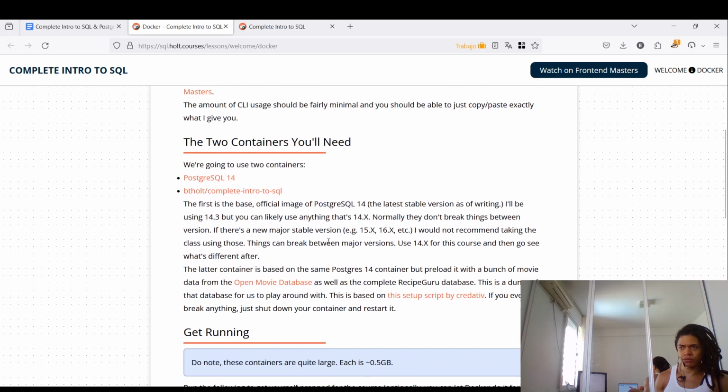This container contains two databases: first is the Open Movie database, as well as the Recipe Guru database.